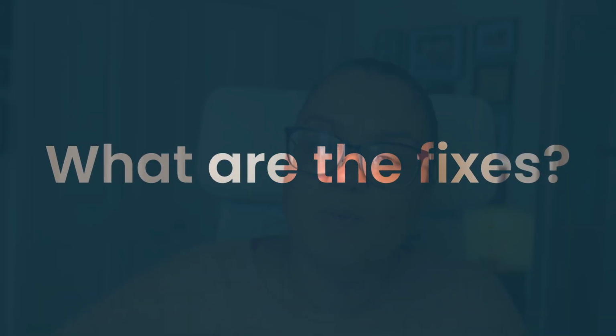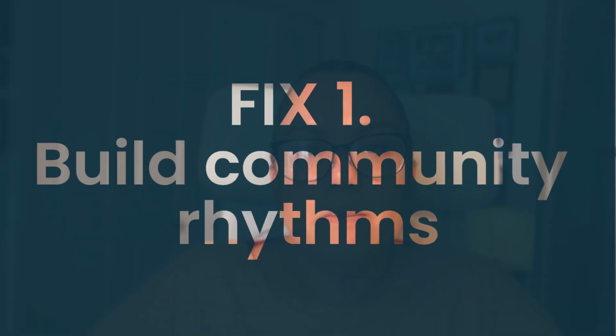So what are the fixes? Well, here are 3 practical fixes to just spark that momentum in your community. The first one is build community rhythms, as I just mentioned, not just content. Don't just throw things in your membership, right? Instead of constantly thinking, what should I post next? Think about what is the rhythm that you're going to set. So Mondays, it could be, what are you working on at the moment?